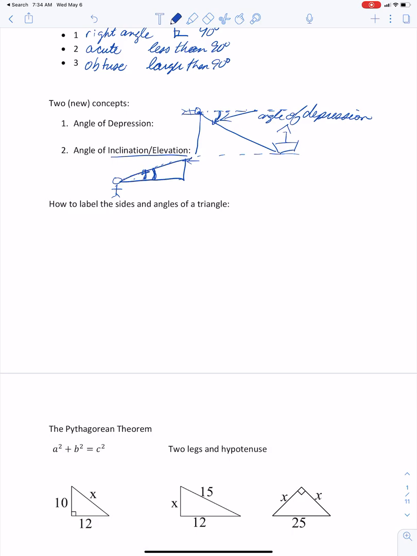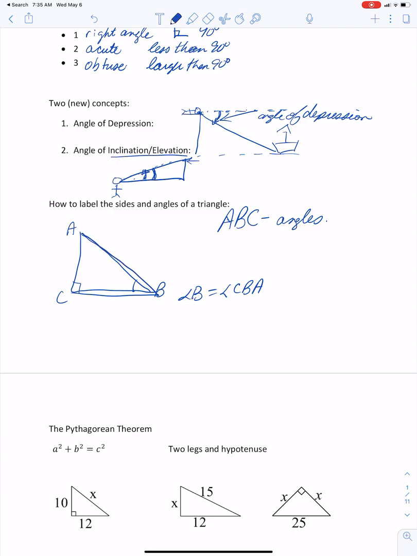All right, and then if we're looking at how to label a triangle using the same letters, if I call this triangle A, B, C, I use the capital letters A, B, and C for angles, okay? I can also use a series of three letters for an angle. So this here, angle B, could also be angle CBA, because it goes from C to B to A, right?